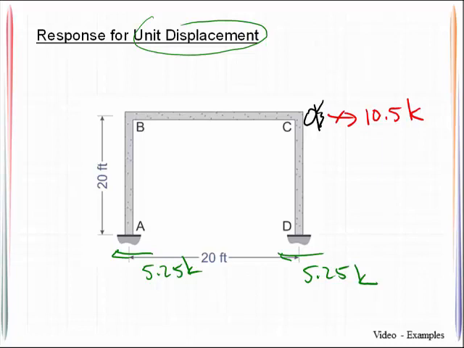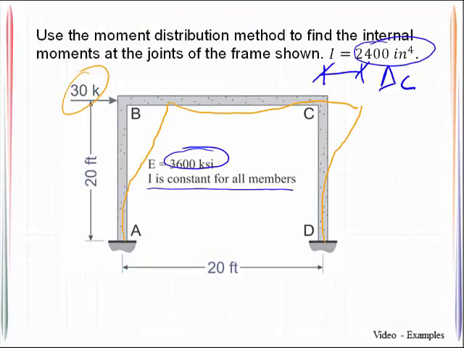So what this really is telling me is that if I apply 10.5 kips to my frame, it will displace 1 inch. You will recall that what is actually being applied to the frame is 30 kips.